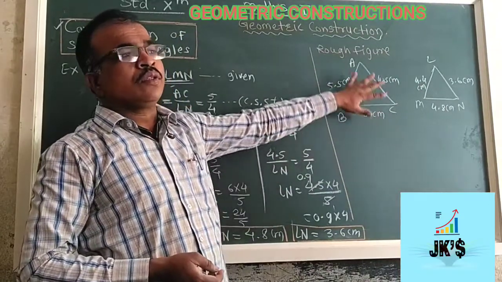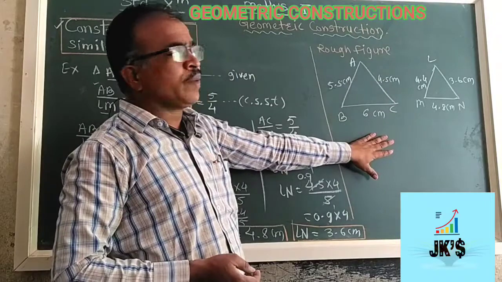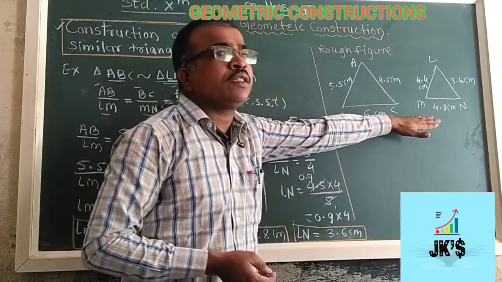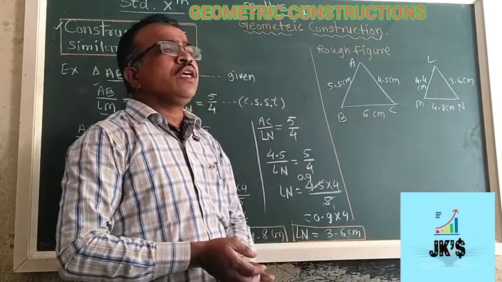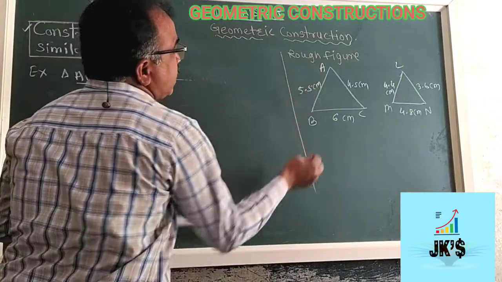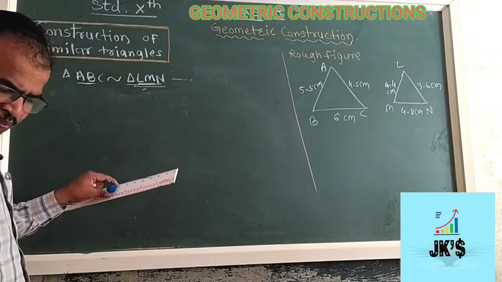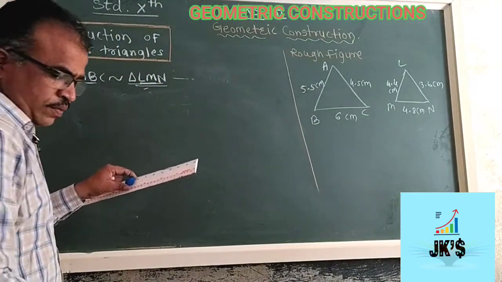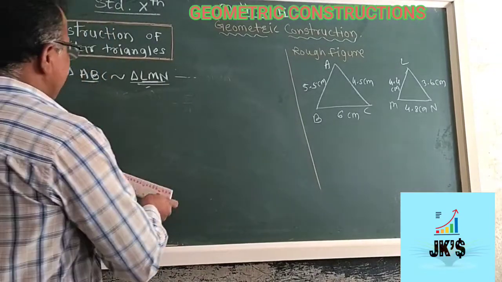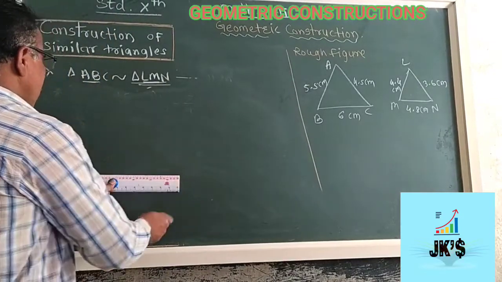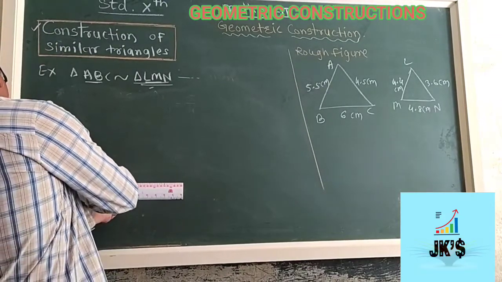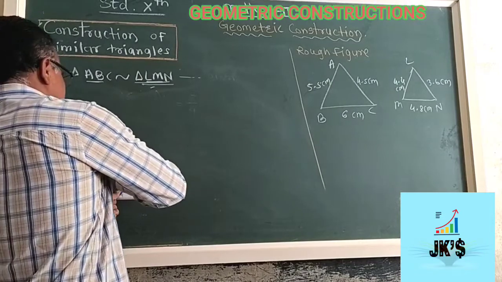Now, for the actual construction, friends, by taking the actual measurements, we construct the given triangles. For constructing triangle ABC, take the base of the given length. The length of the base BC is 6 centimeter. So take BC as a base of length 6 centimeter.